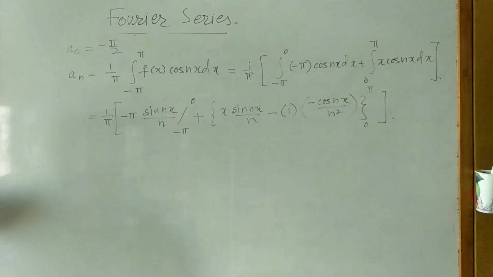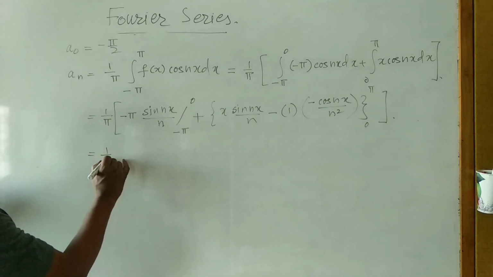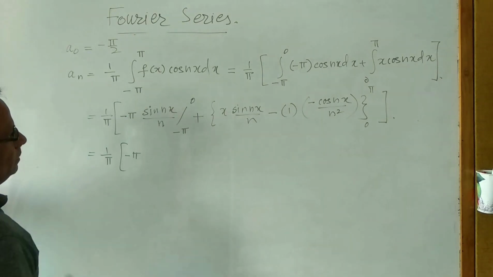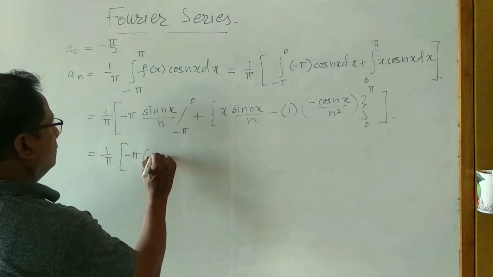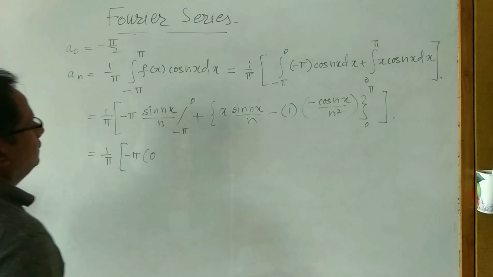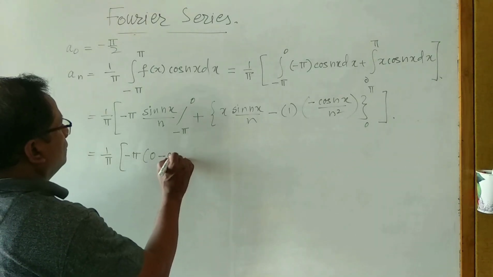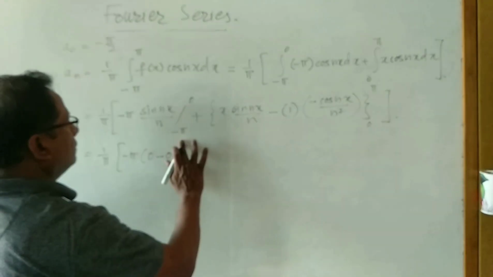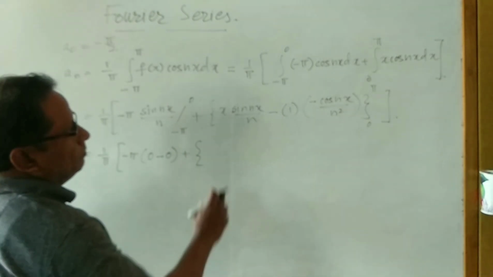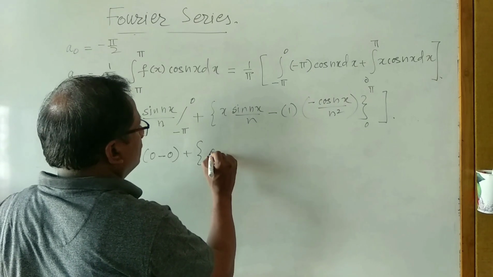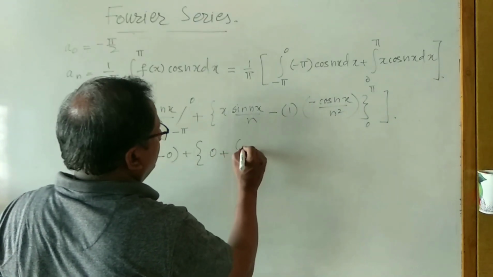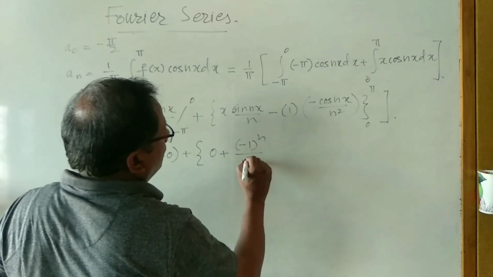So putting the limits and simplify, we find 1 upon pi minus pi. When you put upper limit, sin 0 is 0 minus when you put lower limit x equals to pi, sin n pi is also 0. So this term vanishes. Plus here when I put upper limit pi, sin n pi is 0, minus minus plus cos n pi is minus 1 raised to n upon n square.